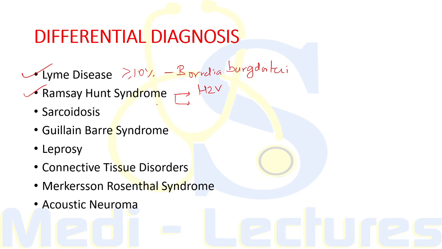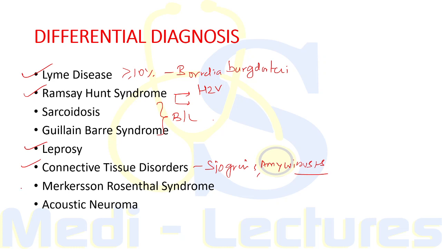Now, sarcoidosis and Guillain-Barré syndrome can involve the facial nerve, and the involvement is usually bilateral. That is, both these disorders will lead to bilateral facial paralysis. Leprosy and connective tissue disorders, especially Sjogren's syndrome and amyloidosis, can lead to facial paralysis.